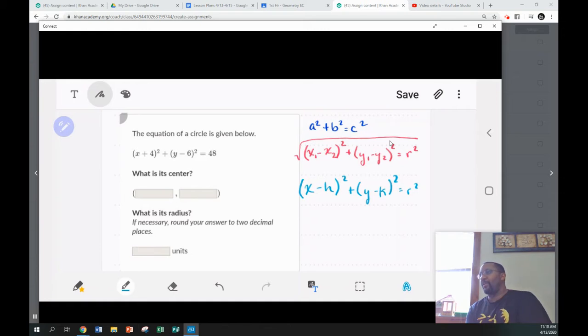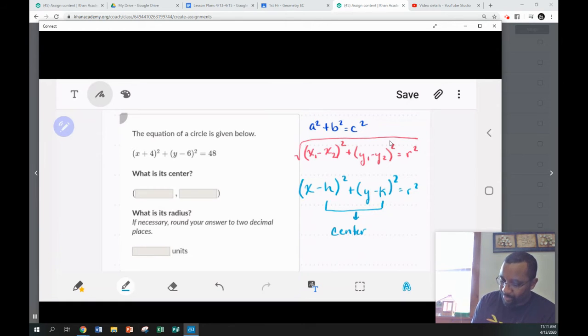This is very algebra stuff, so if you're going into algebra 2 or pre-cal, you're still going to need this, which is why we're doing it. These numbers here represent the center of the circle.